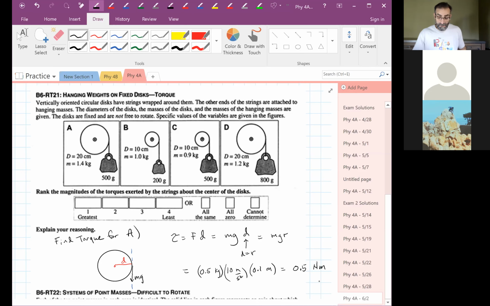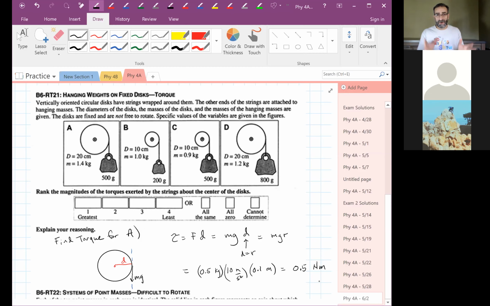The question is, which mass do we use? The mass of the disk or the hanging mass? We are interested in the torque right now, right? What's causing the torque? Some weight hanging off the radius of this disk. The disk has nothing to do with it. The disk is not producing any torque on itself, right?